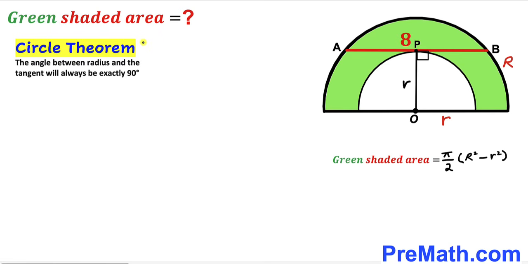Let's recall the circle theorem. According to this theorem, the angle between the radius and the tangent line will always be exactly 90 degrees. So no wonder this angle has got to be a 90 degree angle, since this is our radius and this is our tangent line.